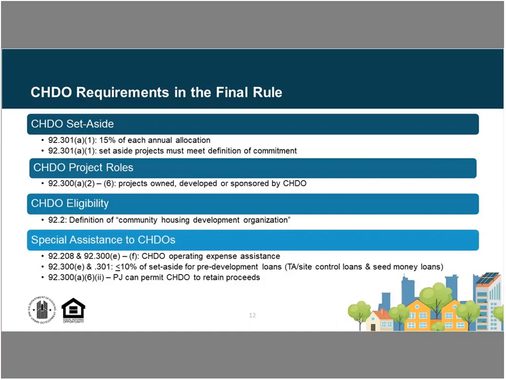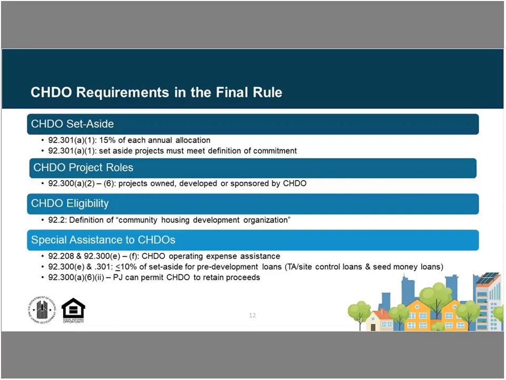I'll be using, obviously, the acronym CHDO for Community Housing Development Organization as it's defined in the statute and rule. I'll be using PJ for Participating Jurisdiction, which is the state or local government that receives a direct allocation of funds from HUD. I might mention the statute at times and refer to it as NAHA, the National Affordable Housing Act of 1990.